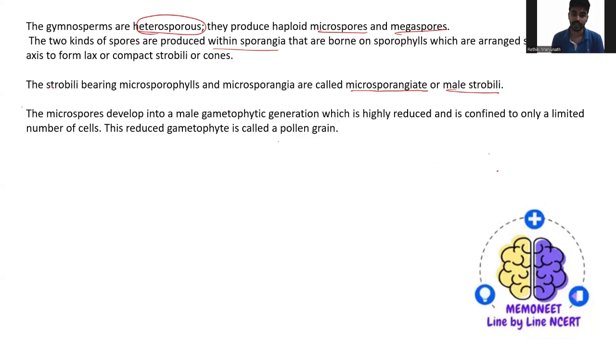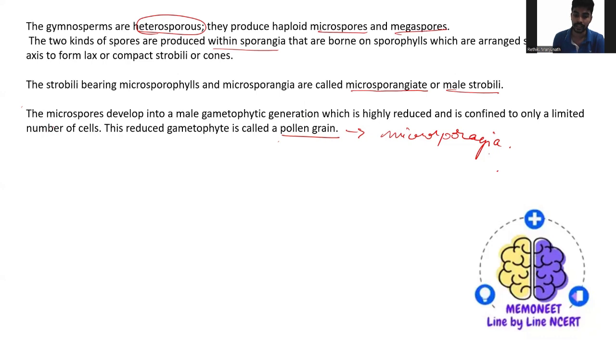Next, coming to the next point, the development of the pollen grains, right? This development of pollen grains takes place within the microsporangia, and I have told you that it normally bears the cones. So this cone bearing the sporangia will be with the ovules also, or with the megasporangia.